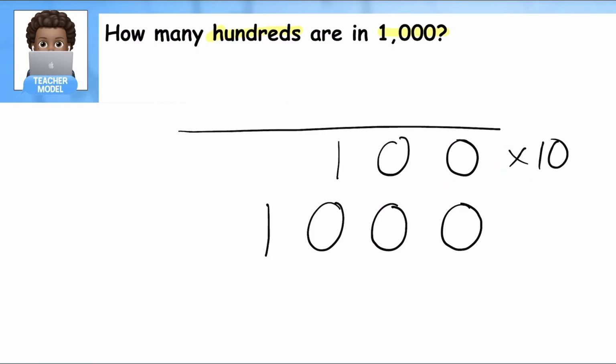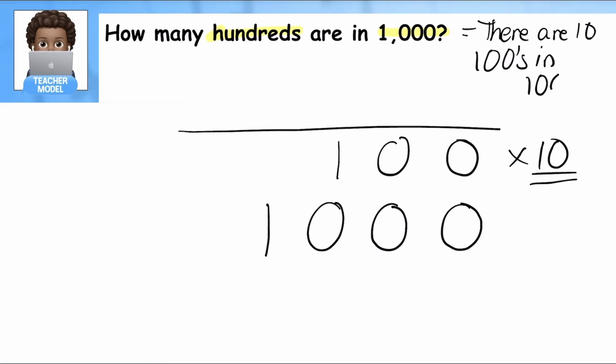So that means I have 10 hundreds in 1,000. This is one way we can start to understand this change. So how many hundreds are in 1,000? There are 10 hundreds in 1,000.